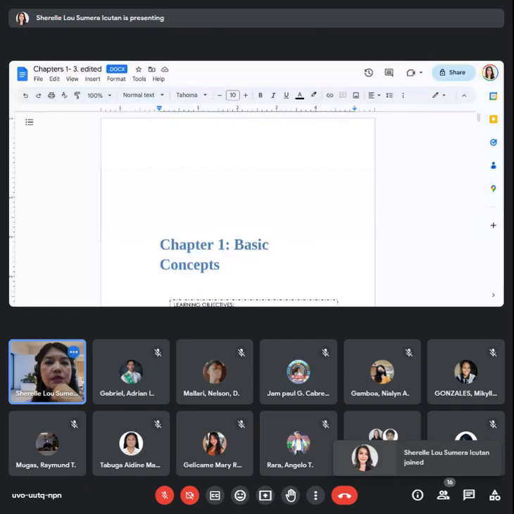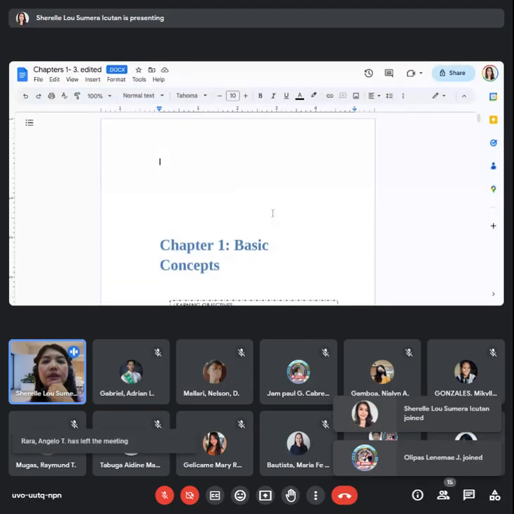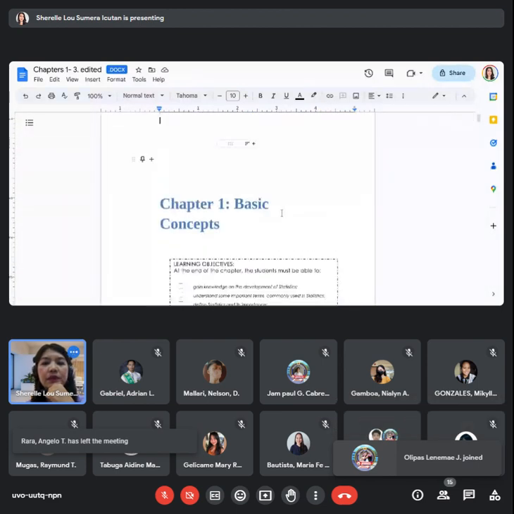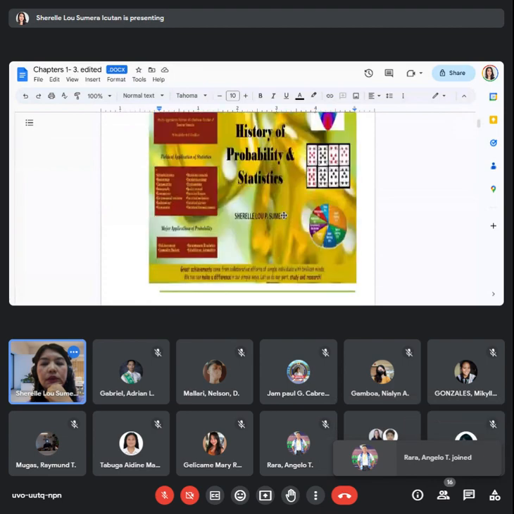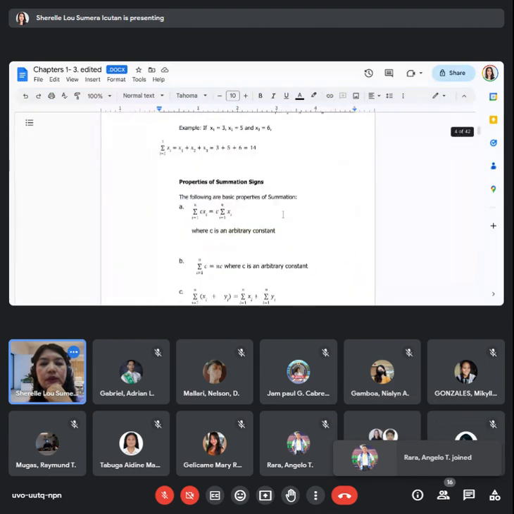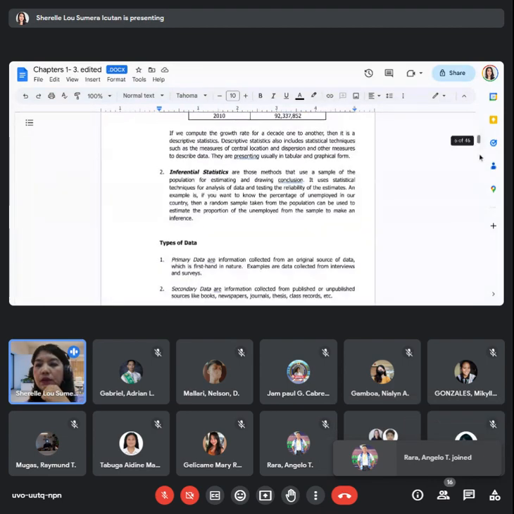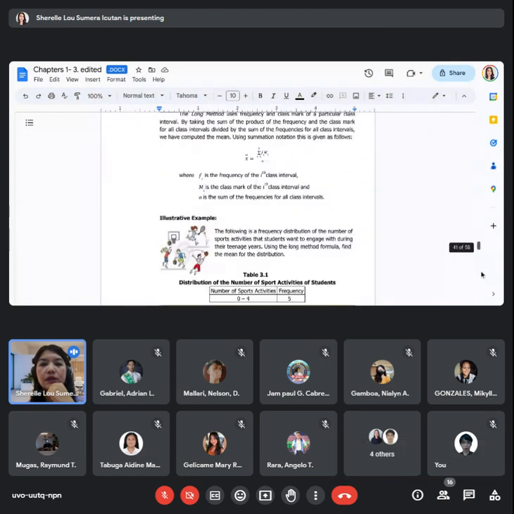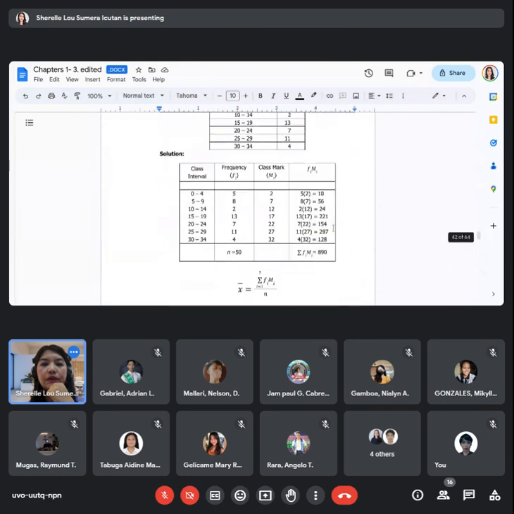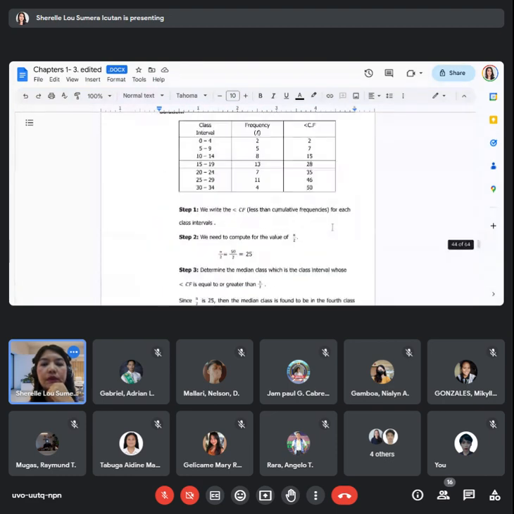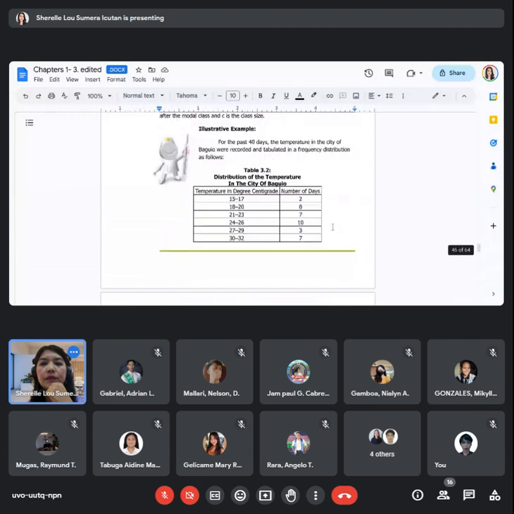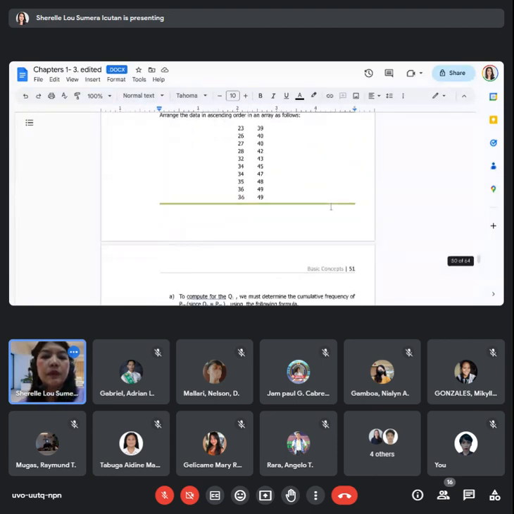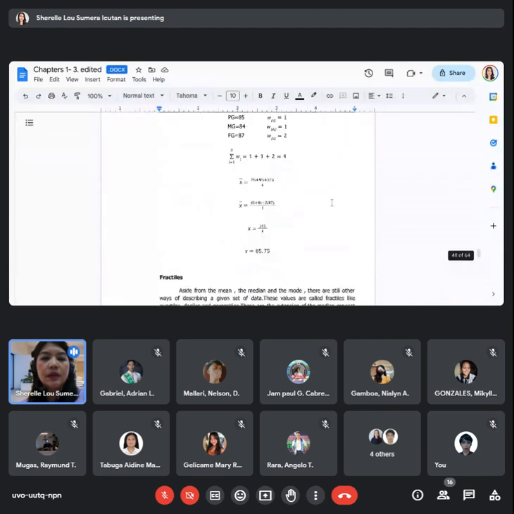Okay, so this is chapter 1 to 3 of our book in statistics. I'm the main author of this book. So punta tayo dun sa bandang last ng konti. So look at the mode.